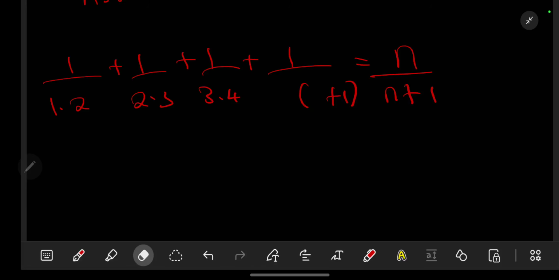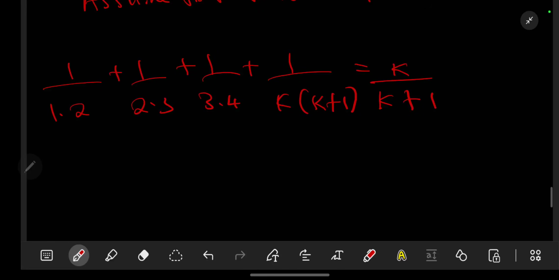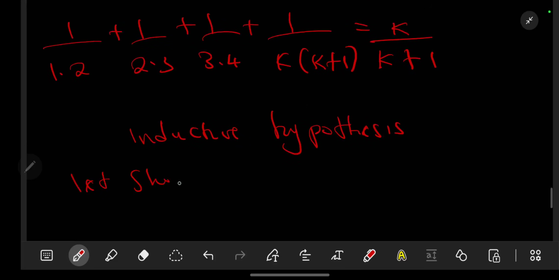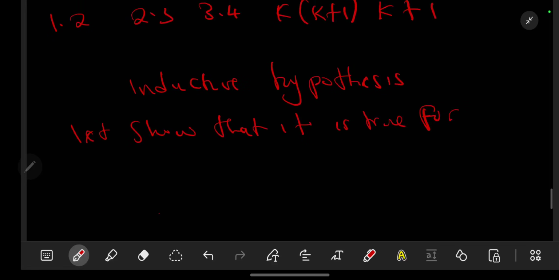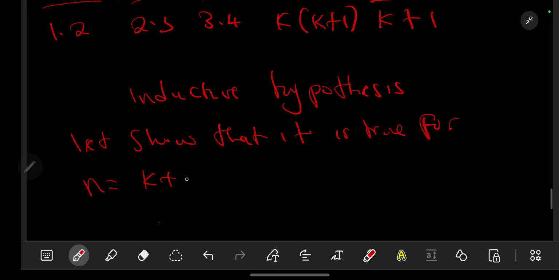Where there is n, we are going to put k, even here, k like that. Then the inductive hypothesis, let's show that it is true for n is equal to k plus 1.